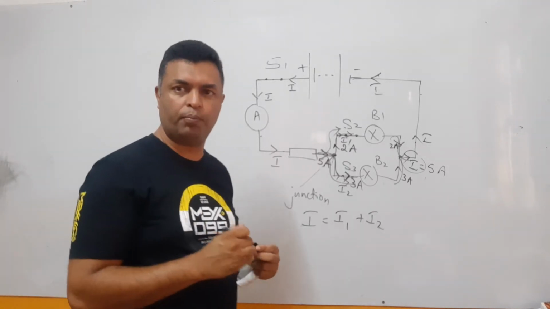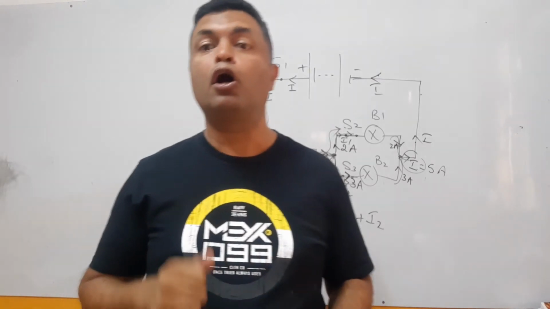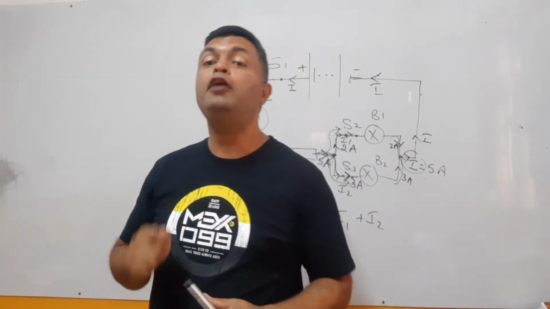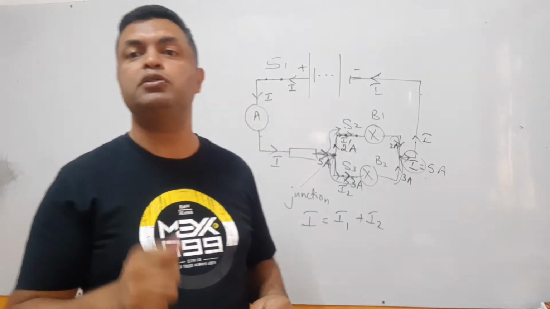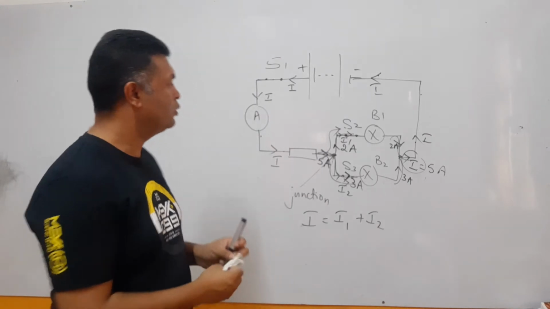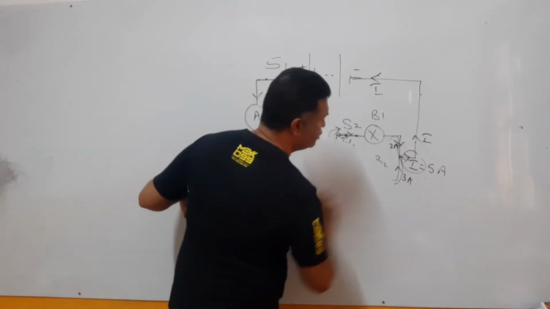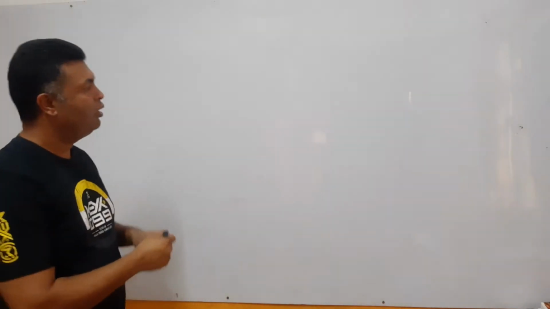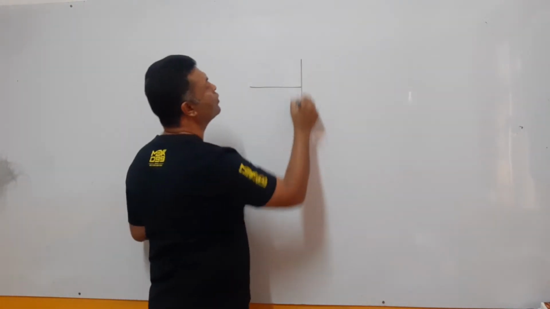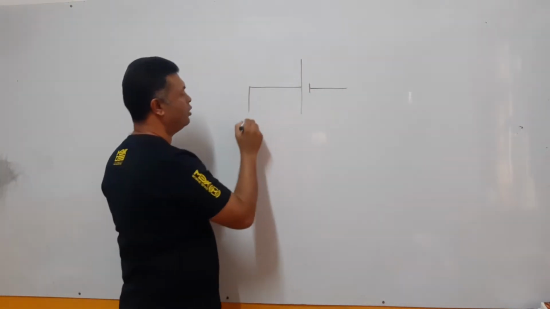So, two things to remember. In series, current is always the same. And in parallel, the voltage, the potential difference, is always the same. So, this is one type of circuit that you should know how to solve. I take a simple circuit.